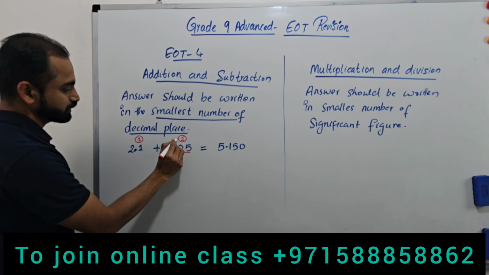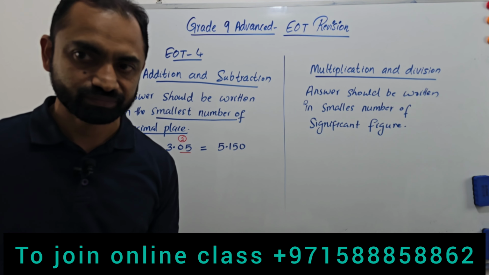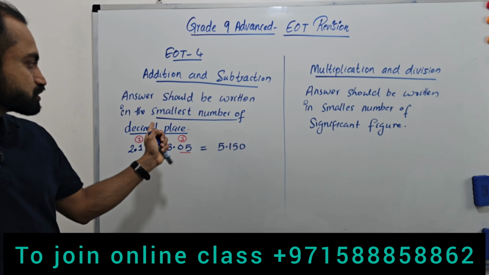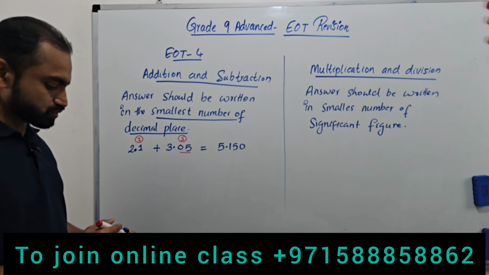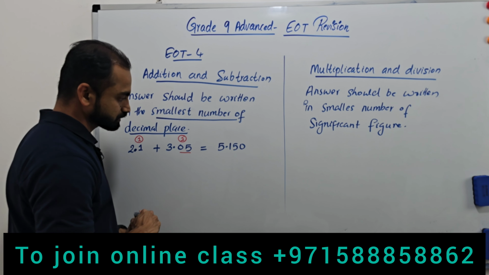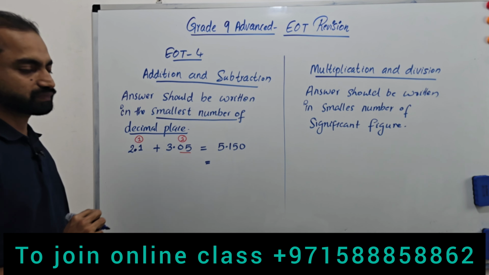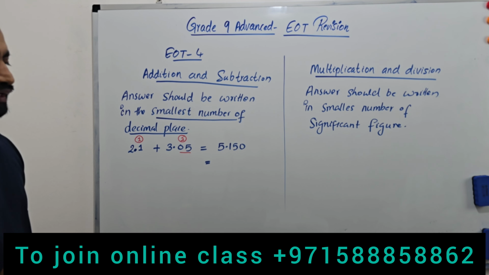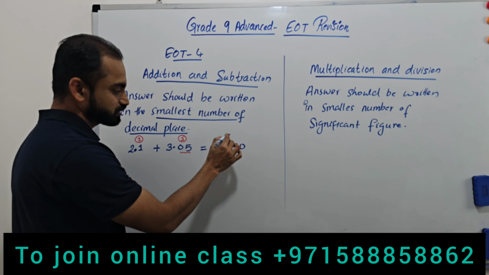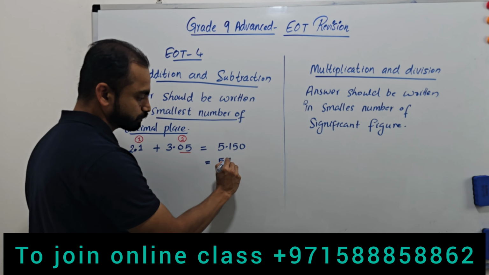So compare 1 and 2, which is the smaller number of decimal places? 1, right? So the answer should be written in the smallest number of decimal places. So 5.1, but there is one thing. Which digit is coming after 1? 5, right? So we need to round up, because it is 5. So we need to write 5.2.